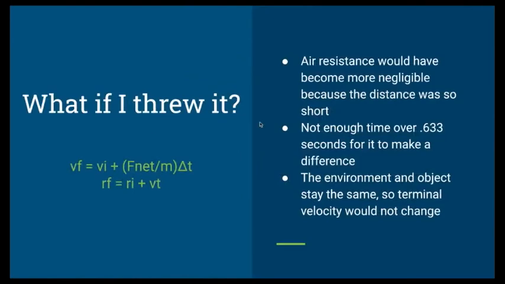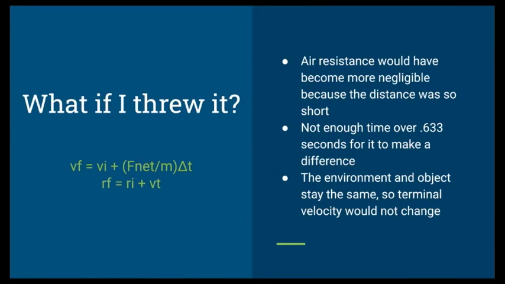And what happens if I threw it? Really it wouldn't make a difference, because terminal velocity stays the same no matter what the initial velocity of the object is. Also, in my model itself, we wouldn't be able to see that very well because I only dropped it from 1.6 meters, so that's not enough time if I threw it really fast, and the delta T would be a lot smaller.